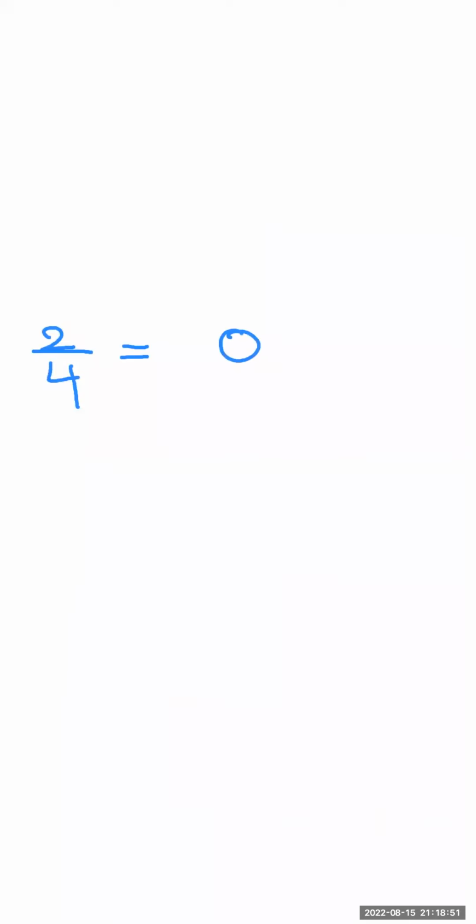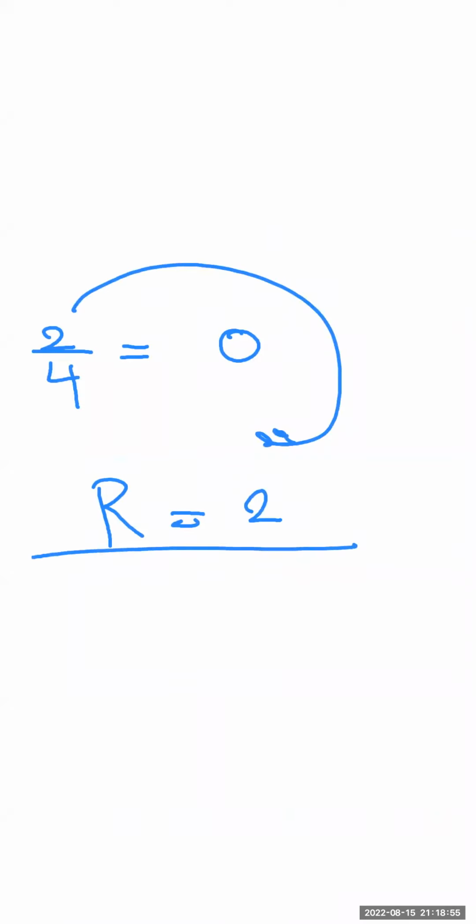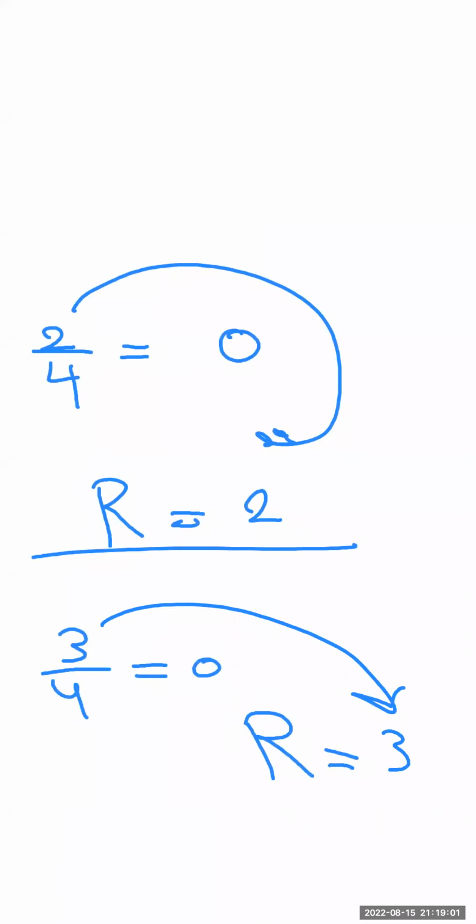And what about the remainder? 2, great. 3/4, the same, 0, remainder 3. But 4/4 equals 1, and in this case the remainder is, of course, nothing, 0. Correct? Yes, correct.